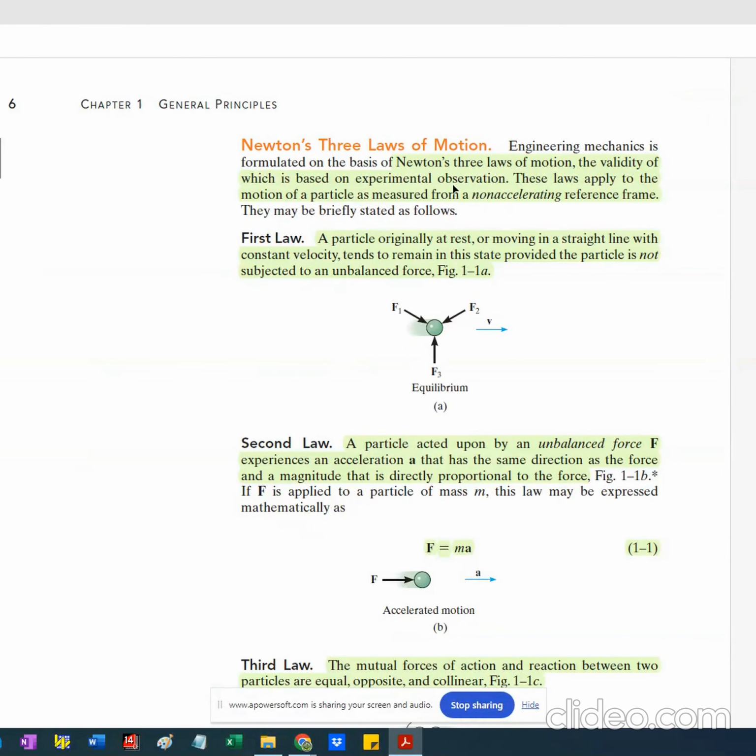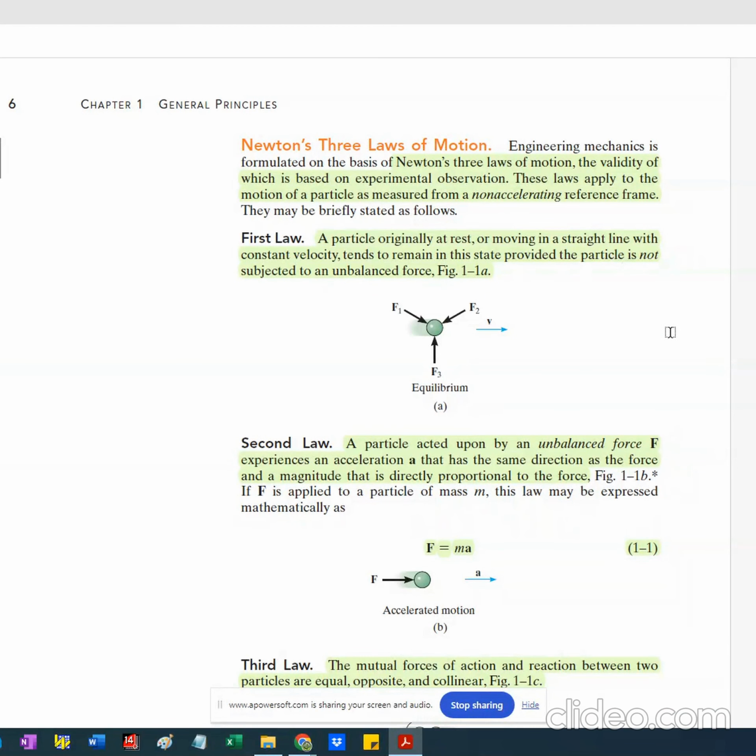We owe to Newton these fundamental laws, observed and never proven in nature. So there's no proof of them. Again, the three laws of motion.